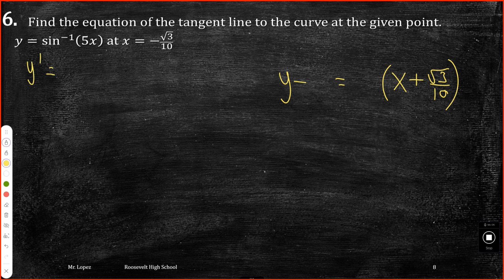So y prime equals 1 over square root of 1 minus x squared, where x is going to be 5x, no? And then the derivative of that is going to be 5, no?